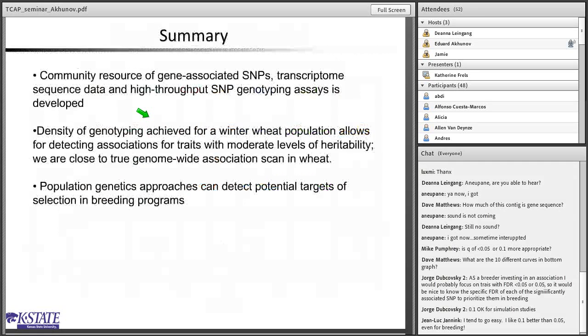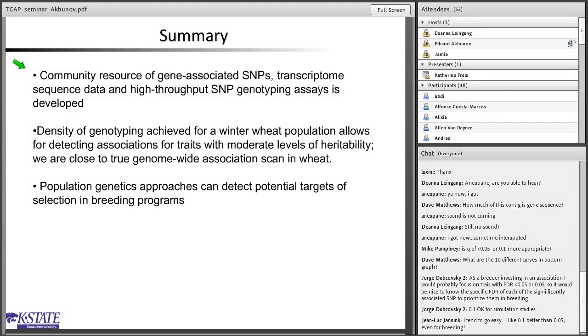So just in the end, summarizing, we talked about community resources for genome-wide association mapping using gene-associated SNPs, which were obtained by transcriptome sequencing. And now we have nice SNP assays for high-throughput SNP genotyping in wheat.